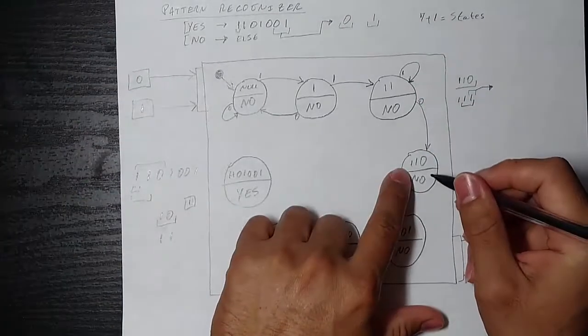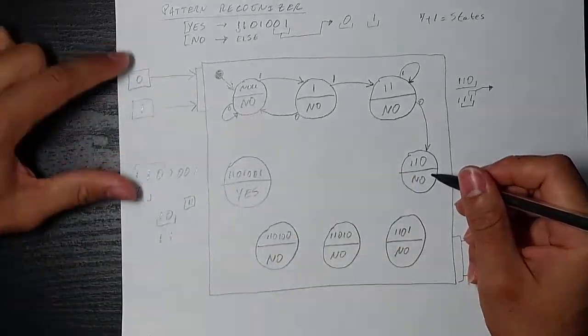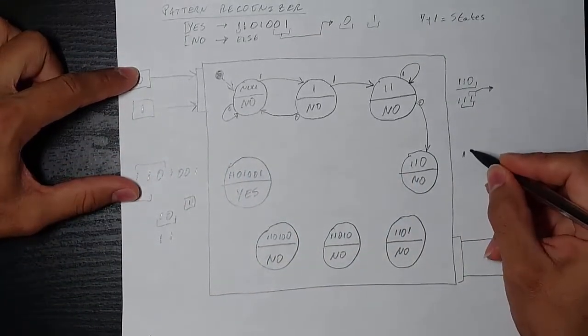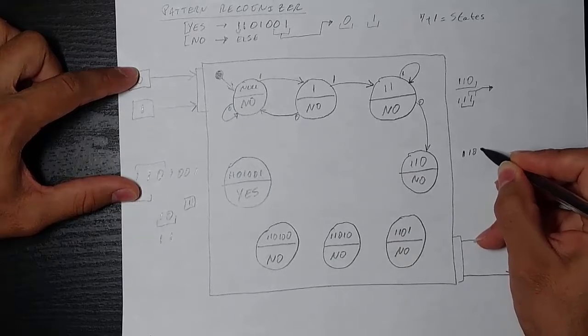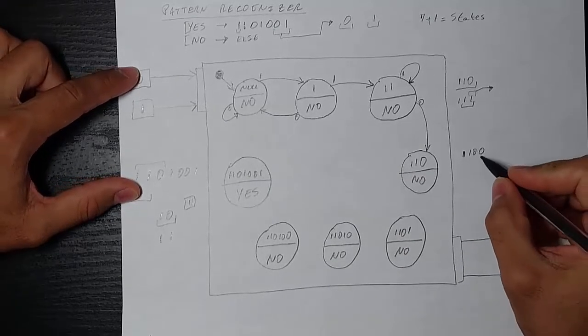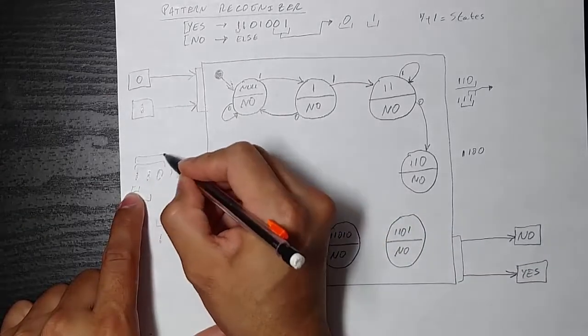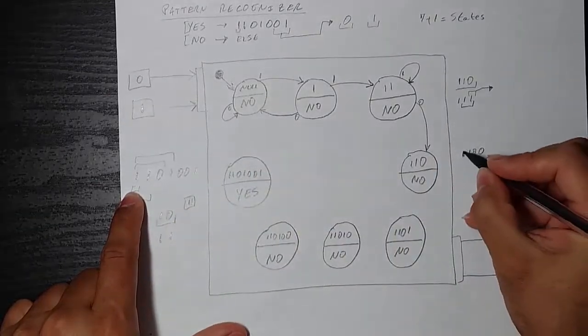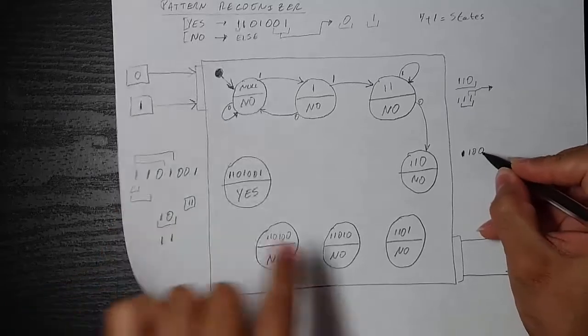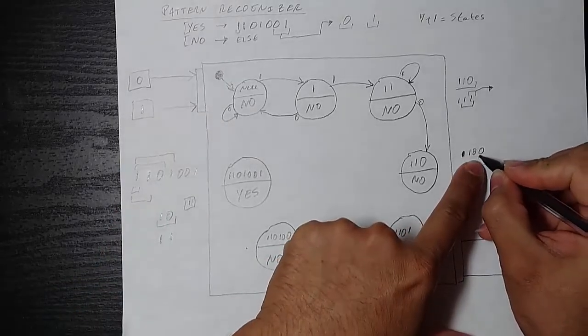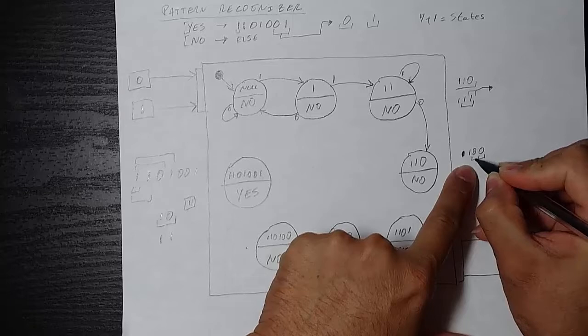So let's say I'm here. Now this is my current state. If I press a 0, I will have something that looks like this. Do I have this on my system? No, the next one I'm looking for is 1. So now let's say if I have a 0, what can I save? A 0, 0?